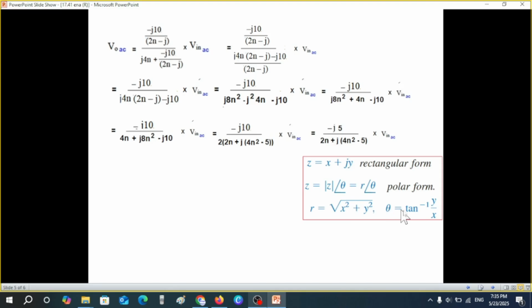And angle theta is tangent inverse y over x. So we'll exactly follow this. So from here, square of both, then square root, numerator remains the same, and the angle is tangent inverse y over x. And this is V in AC. Now we have plugged in.